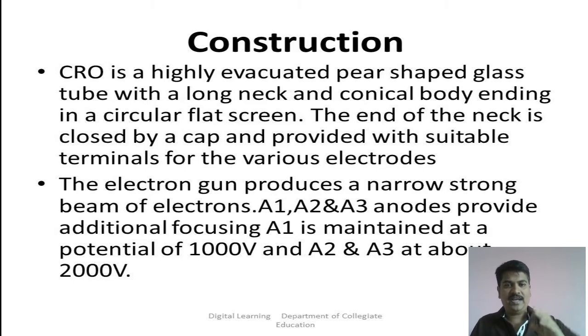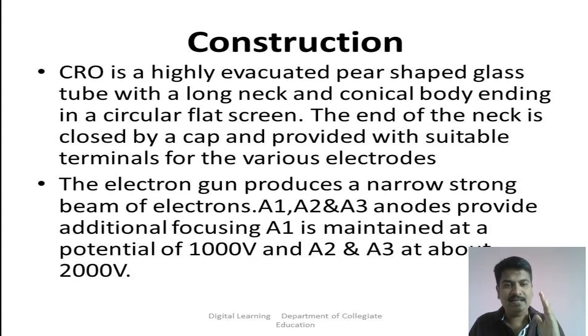The electrons have to be focused into a narrow beam with the help of three different anodes, A1, A2 and A3, which provide additional focusing for the electron beam ejected from the electron gun.